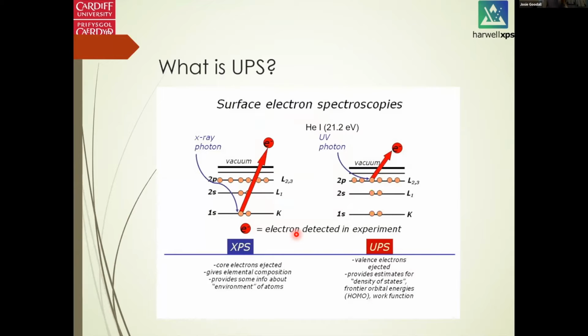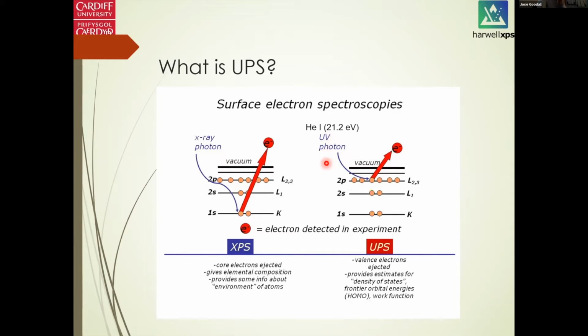First, let's have a look at the UPS, which is ultraviolet photoelectron spectroscopy. Different from the XPS, which has an energy above 1 keV, the ultraviolet spectroscopy is achieved from the UV radiation, which is usually around 20 eV.